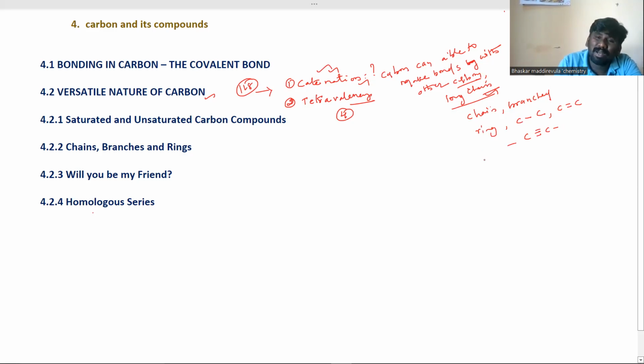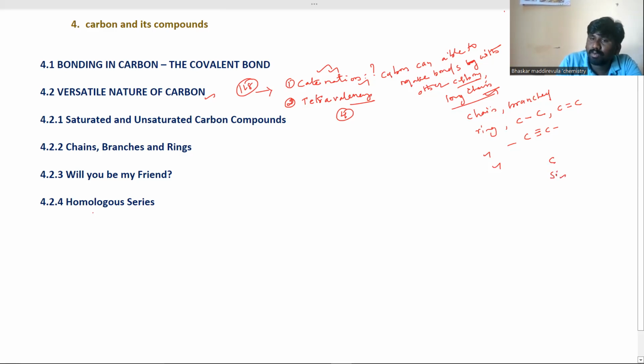Sometimes they ask the question, name another element of the carbon family that shows some extent of catenation. Under the carbon family, there is one more element, silicon. It has some extent of catenation.